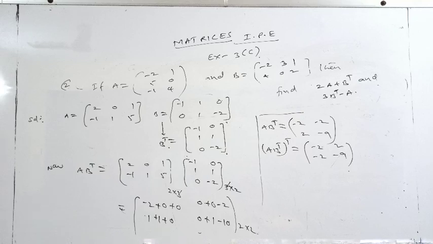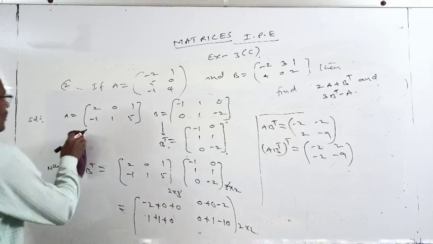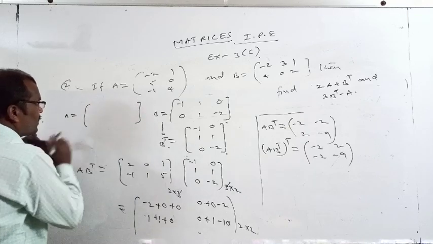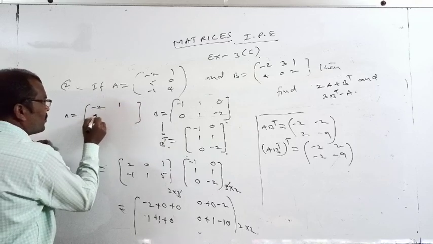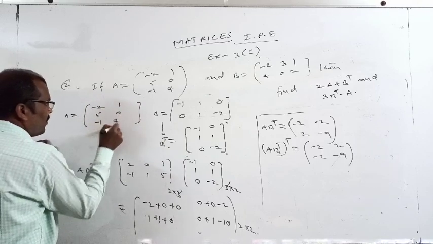So first prepare B transpose for both the problems. So A is given as [-2 1; 5 0; -1 4].